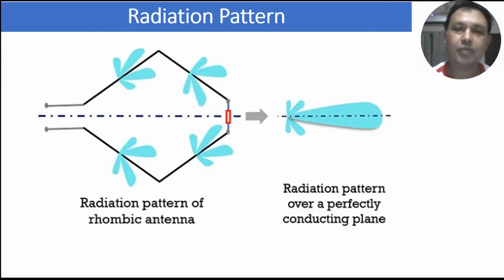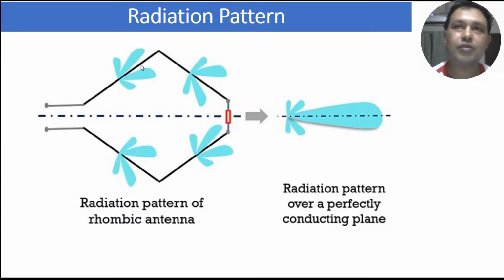Now we'll talk about the radiation pattern of this antenna. So this is the feed point and this is the terminating resistor. So connecting this length or axis is called the propagation axis, and it is like a two V-type antenna connected with each other. So if you consider only one V-type antenna, then you have a radiation pattern like this.